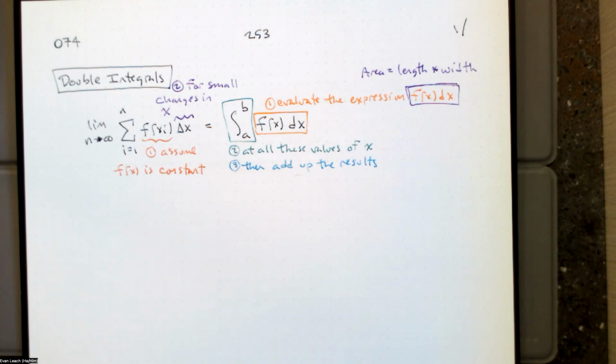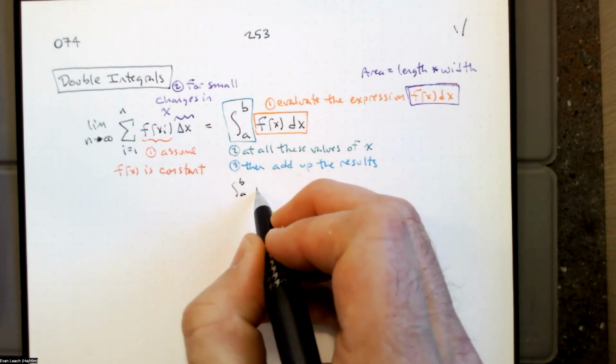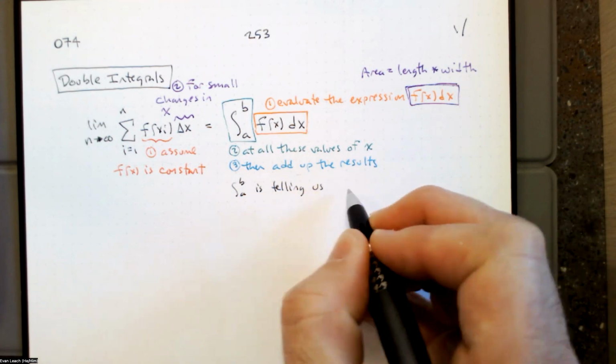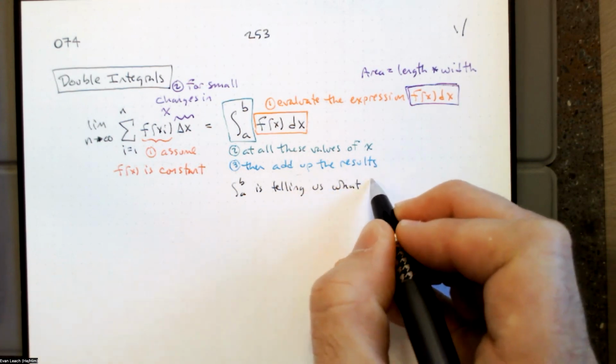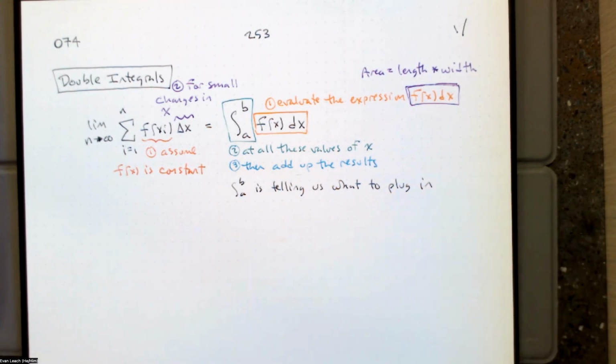So the integral is telling us what to plug into the expression. The integral from a to b part is telling us what to plug in.